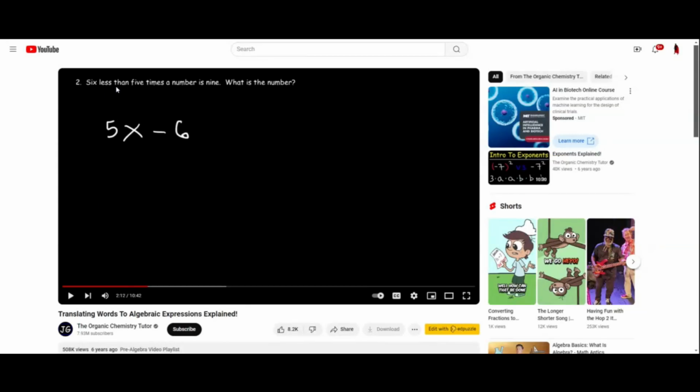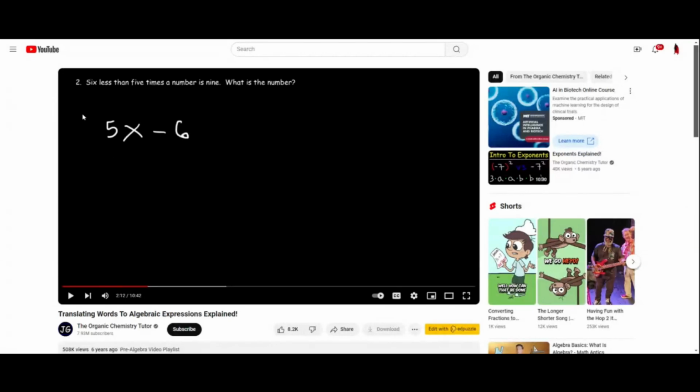Okay, remember a couple of weeks ago when we were translating word phrases into algebraic expressions, and the word less than is a reverse word. Than is a reverse word, so the 6 goes on the other side of the subtraction, and the 5 times a number goes on the front side of the subtraction sign.